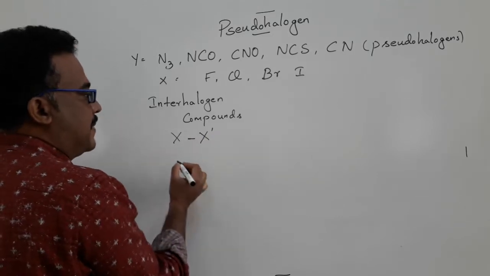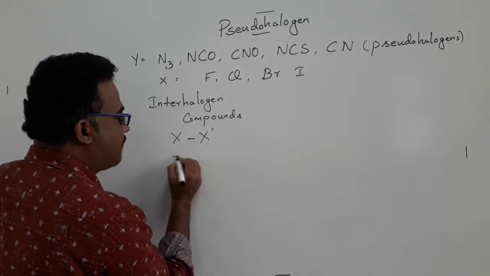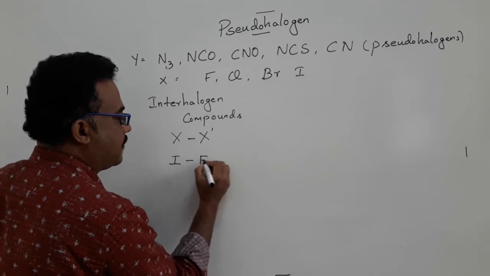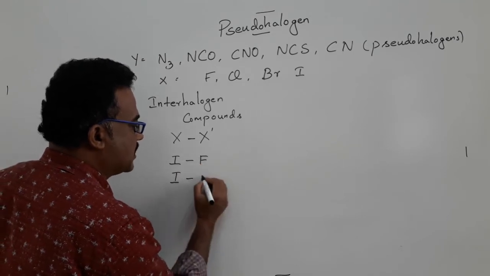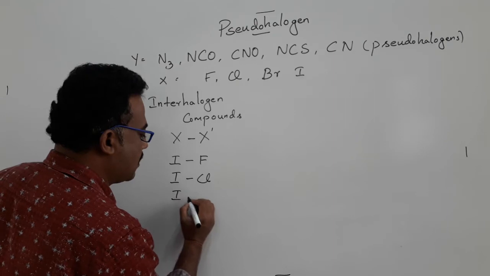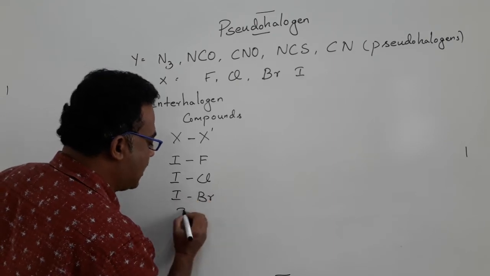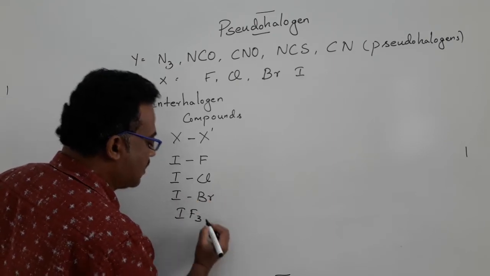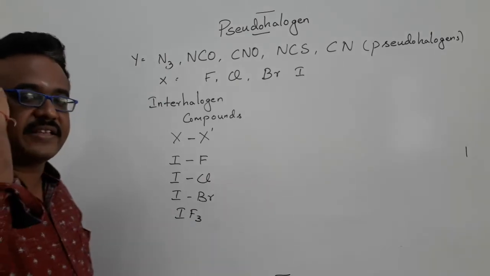So for X X prime, I have examples of IF, ICl, IBr, IF3. I can write so many interhalogen compounds.